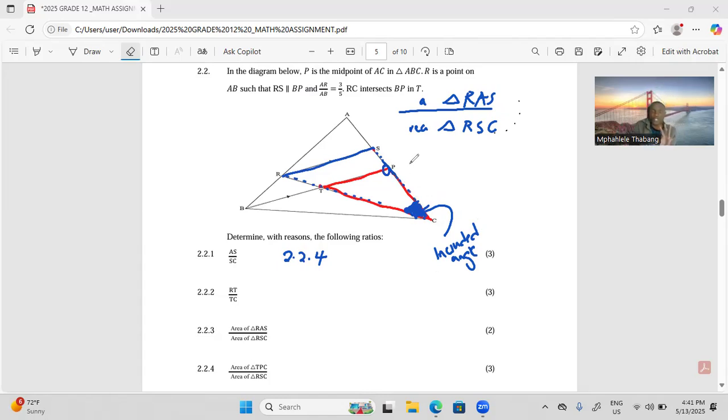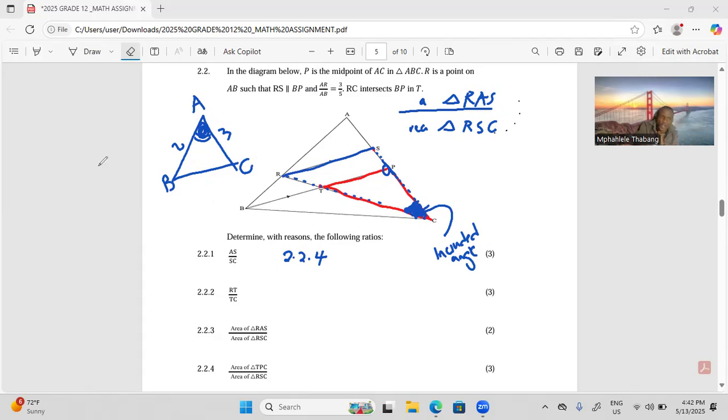Let me show you an example. Let me draw the diagram here: ABC. If I give you the side AB as 2, and the side AC as 3, the angle between these two sides, the angle between AB and AC, is going to be my included angle.